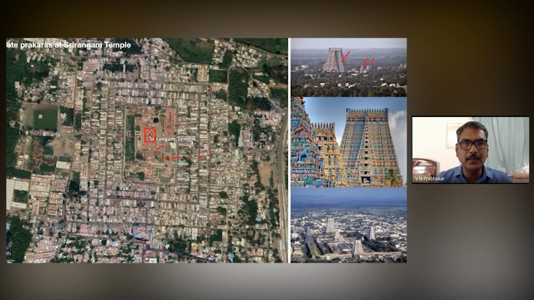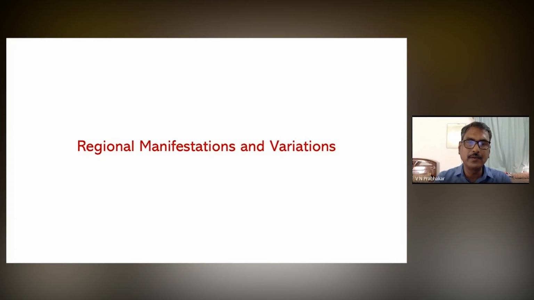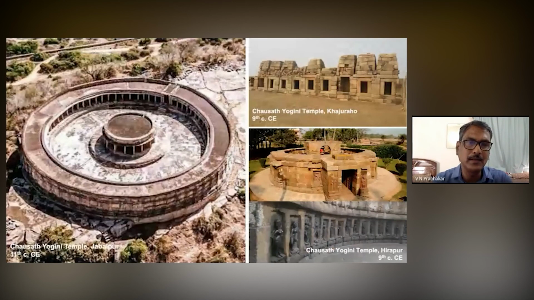So this is the peak of architecture we can see during the period of Vijayanagara and the Nayak period. And we also have regional manifestations and variations, like in the form of the structural temples, the circular temple. This is an excellent example of a circular temple from Jabalpur. It's a Chaunsath Yogini temple.